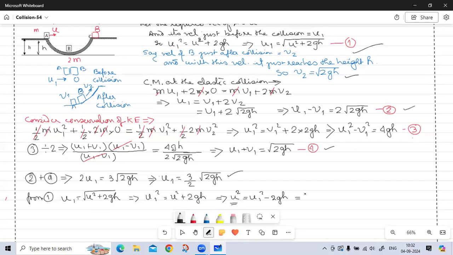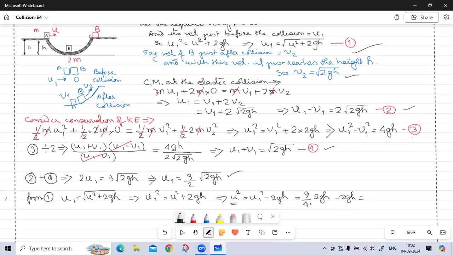So u1 square is 9 by 4, that is, let me write it clearly, u1 square is 9 by 4 into 2gh, minus 2gh.